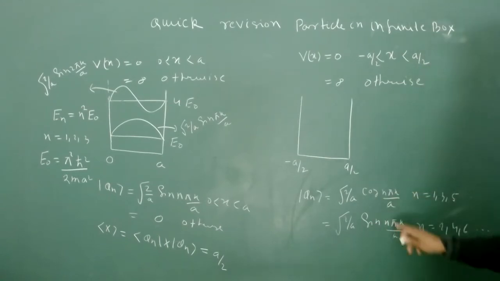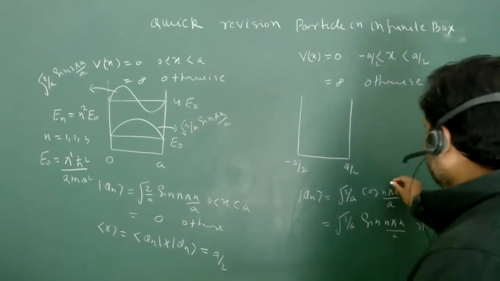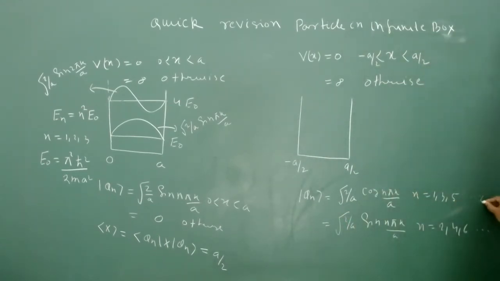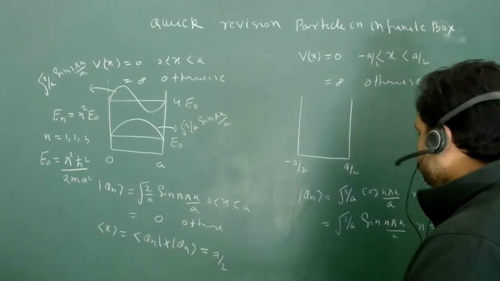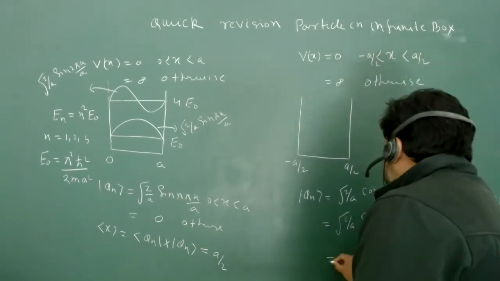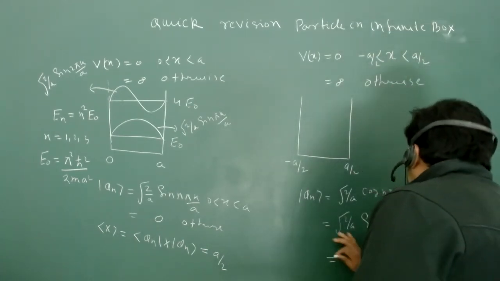This is odd parity and this is even parity. Sorry, the cos function is even parity, cos is an even function. Sine is odd parity, because here the parity is conserved.